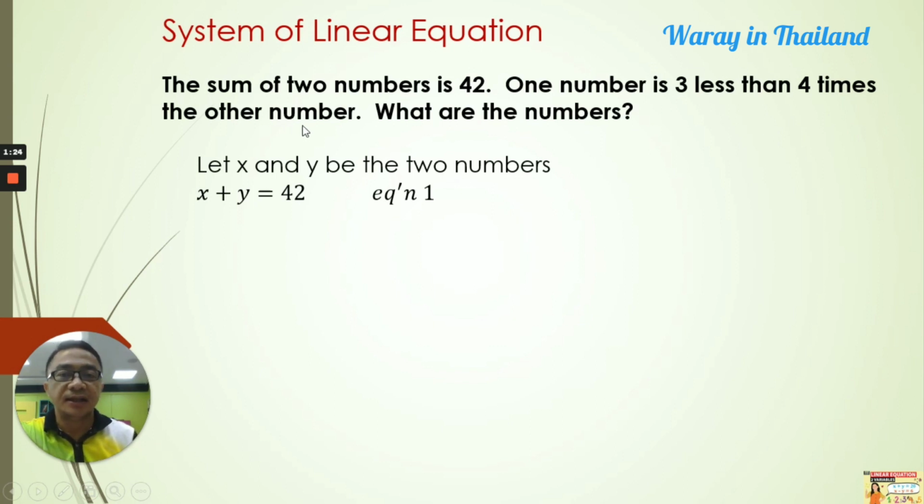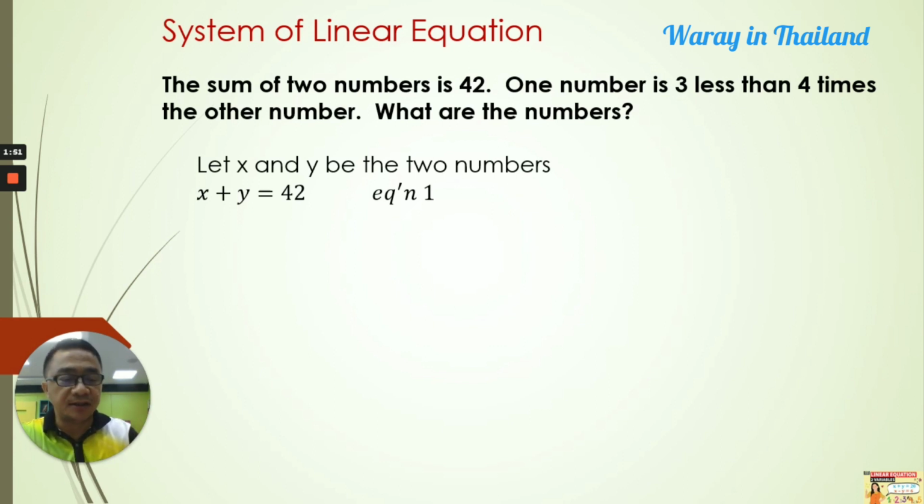Meaning to say that if we multiply the other number by 4, this is larger by 3 than the other number. Or the other way, the other number is 3 less than if we multiply 4 to the other number.